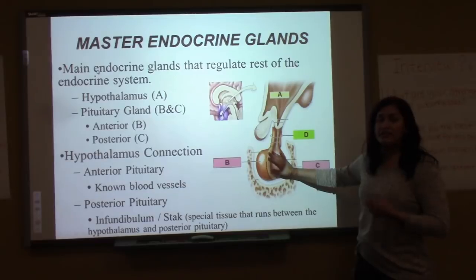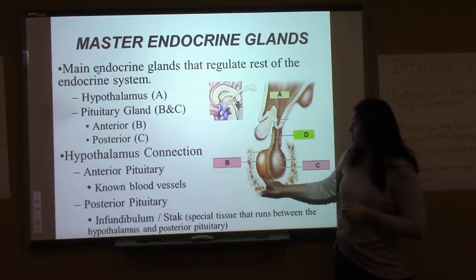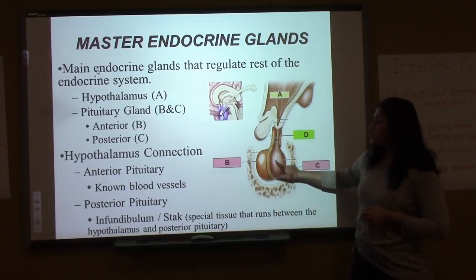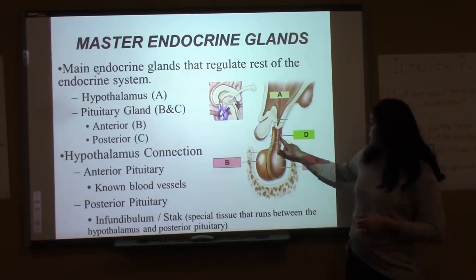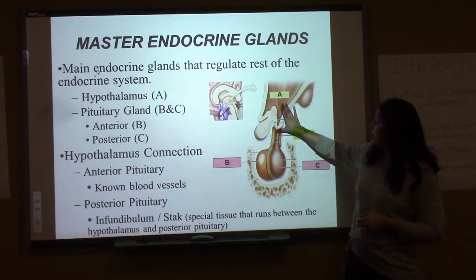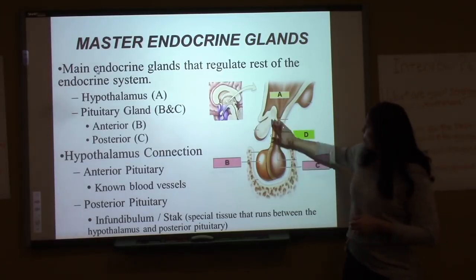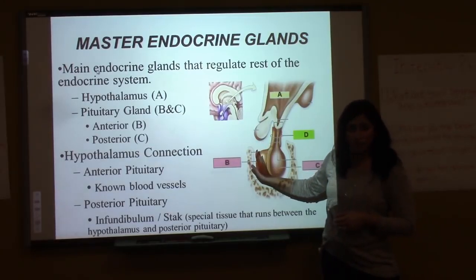Now the pituitary gland is broken up into two parts. Here is B. B is the anterior pituitary gland, and then C, which is the posterior pituitary gland, or the posterior lobe. D is a stalk, or the infundibulum, and it connects the hypothalamus to the posterior pituitary. How is the hypothalamus connected to the anterior pituitary?